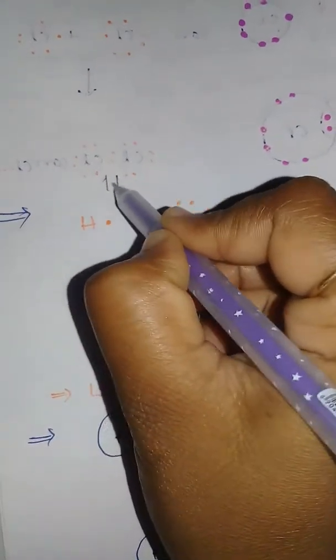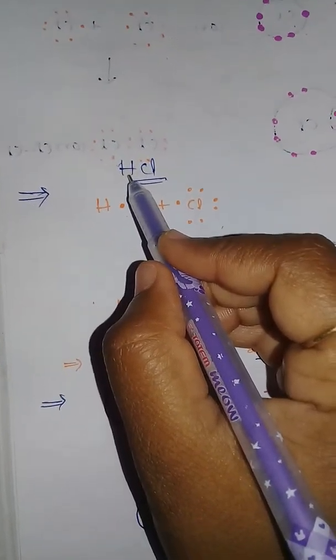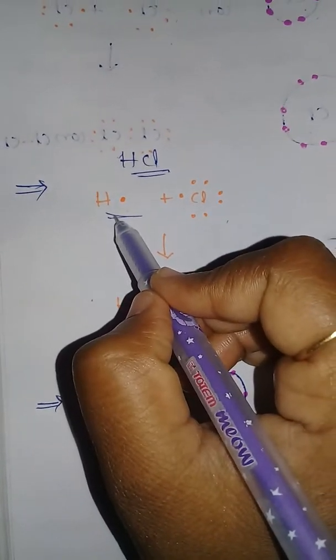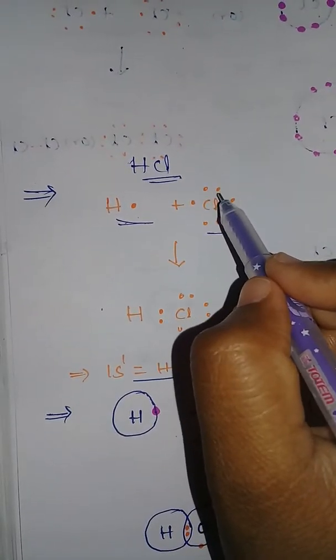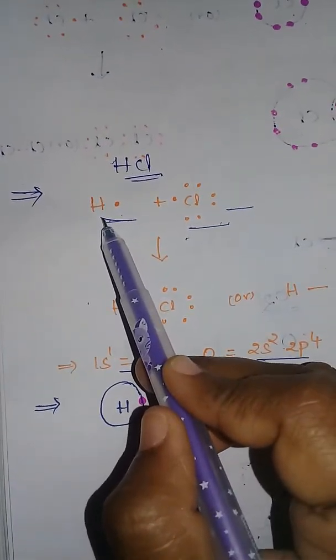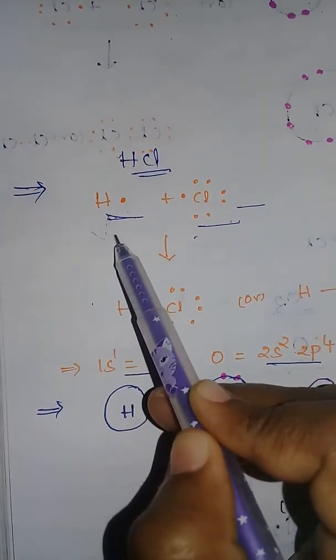Next, go for HCl. Take the HCl molecule. In HCl, hydrogen has 1 valence electron and chlorine has 7 valence electrons. To obtain duplet structure, hydrogen is 1 electron short.